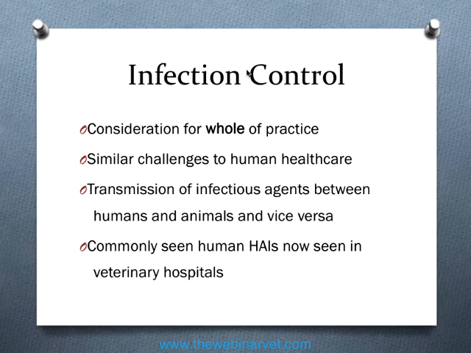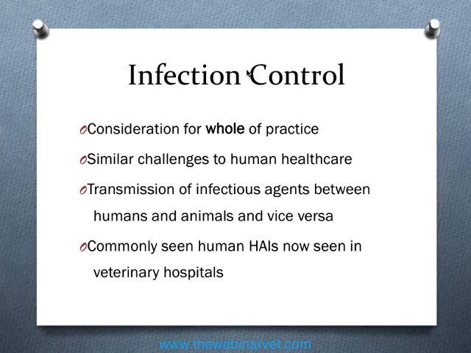And in veterinary practice, we pose very similar challenges to the human healthcare industry. They've had lots of difficulties and lots of issues with hospital-acquired infections, and we have those same issues. We also have it, maybe slightly worse, because in veterinary practice, we've got very close contact, not only between veterinary staff and our clients, but also between us and our patients, and also those owners and their animals as well.